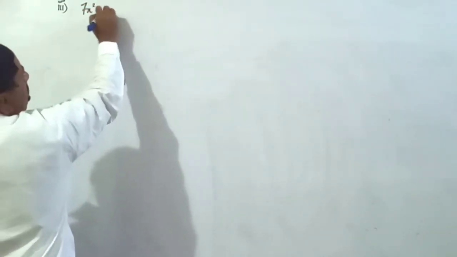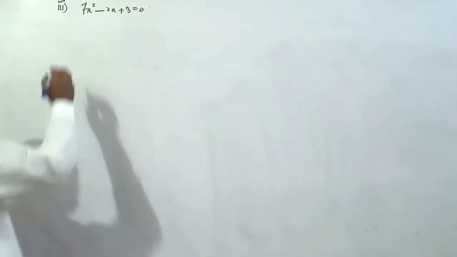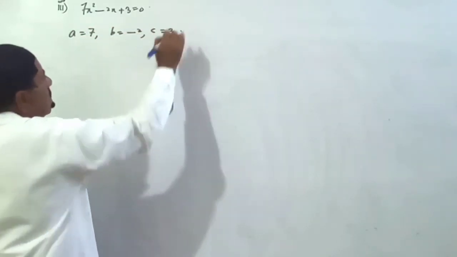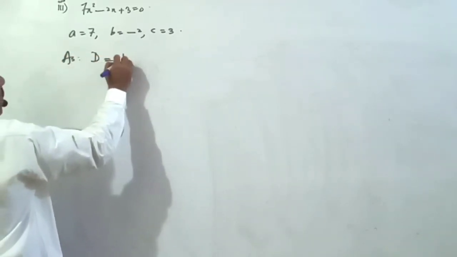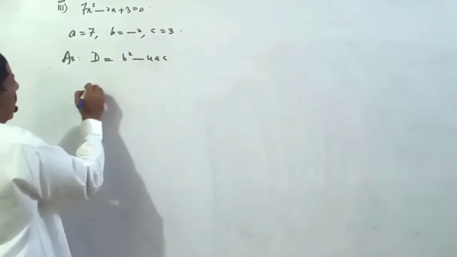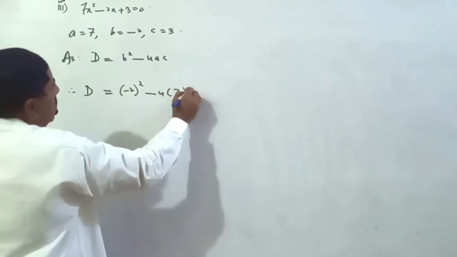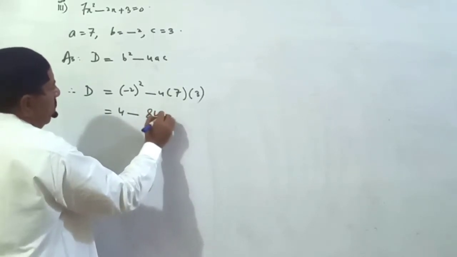Number 3 is 7x square minus 2x plus 3 is equal to 0, the given equation. So a is equal to 7, b is equal to minus 2, c is equal to 3. As discriminant is equal to b square minus 4ac, therefore discriminant is equal to minus 2 whole square minus 4 into 7 into 3. This will be 4 minus 84.